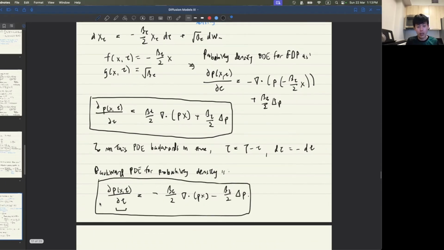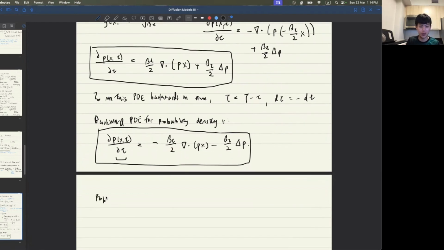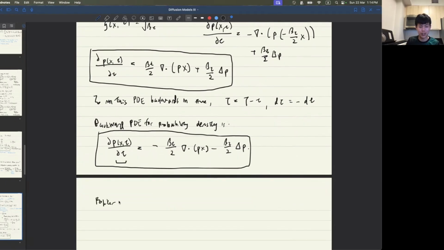Almost. There is one slight problem because the ultimate goal for us to even write out this probability density PDE is we want to convert it back to a stochastic differential equation. Let's just recall the Fokker-Planck equation. In the Fokker-Planck equation, we have the general form dx_t is equal to f(x_t, t) dt plus g(x_t, t) dw_t.